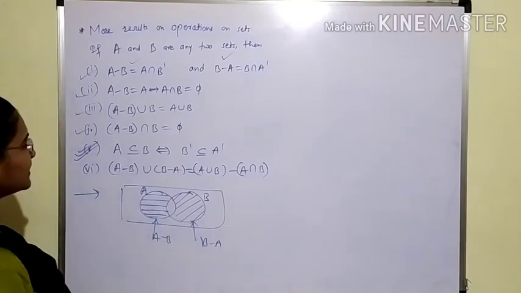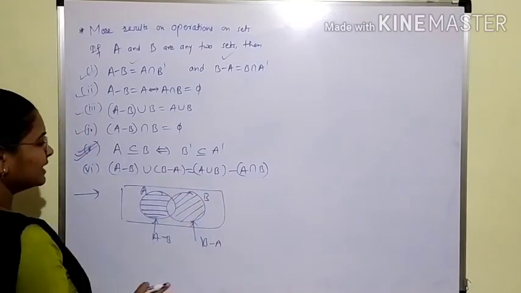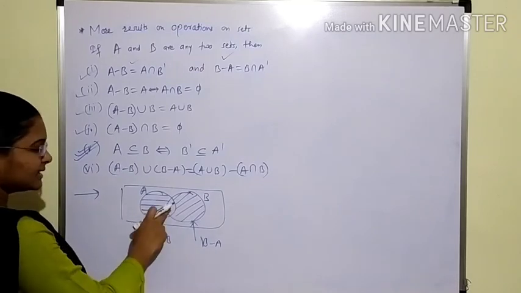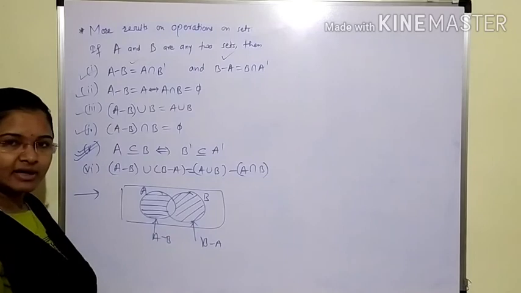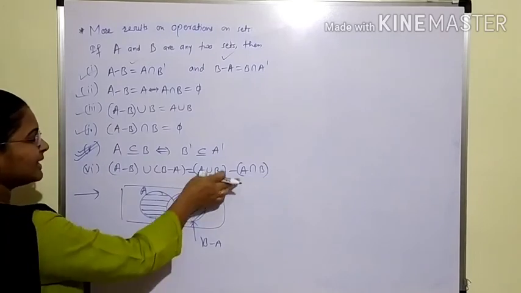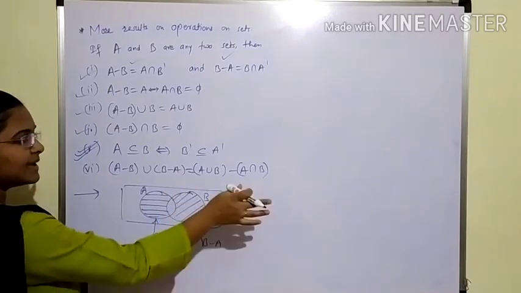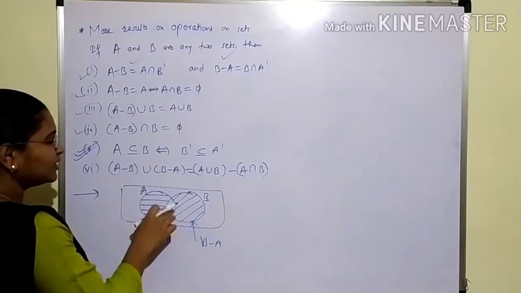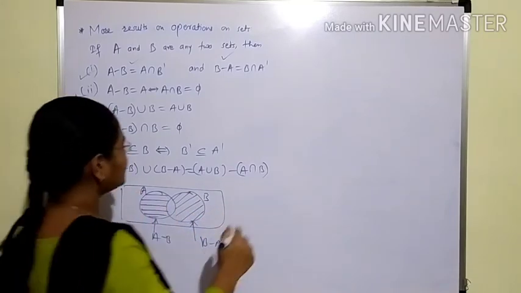Getting? Now students, if we see A union B, in that part this A intersection B will be there. Okay. And if from A union B we subtract the intersecting part of A and B, then you will get the same Venn diagram. I'll draw that also.